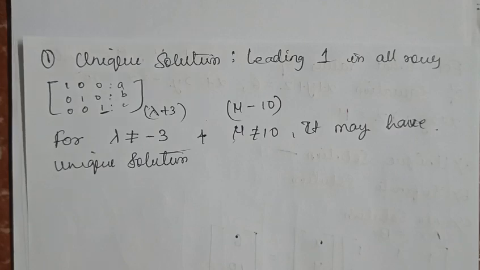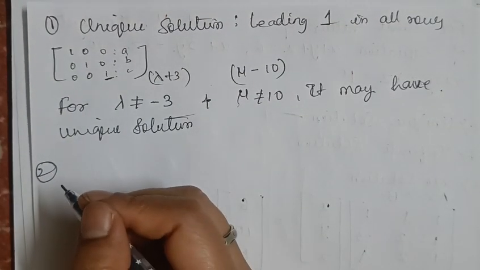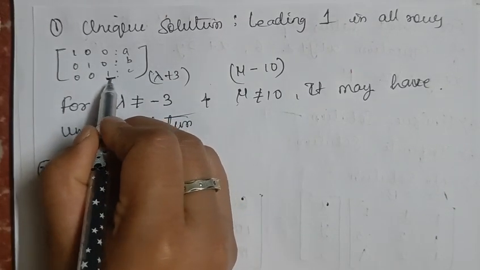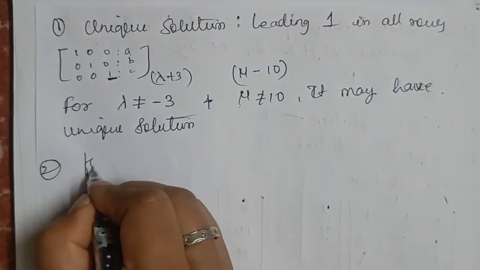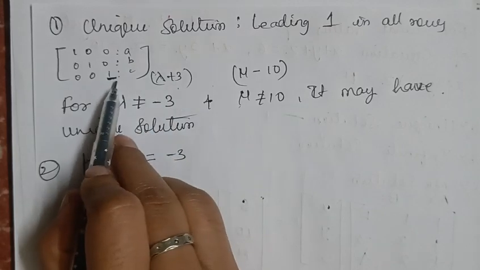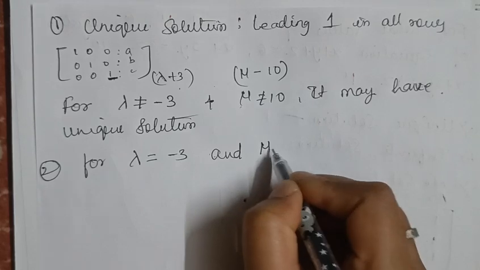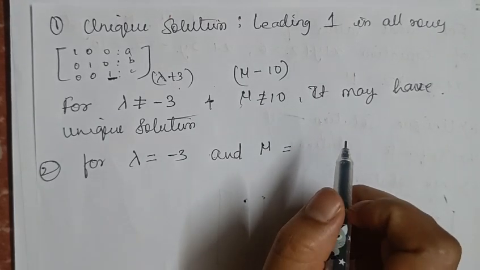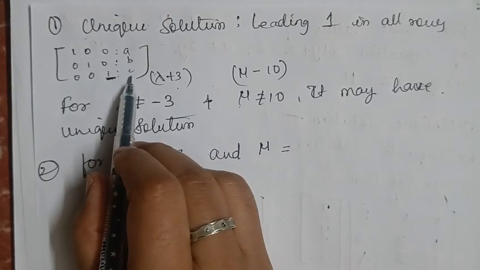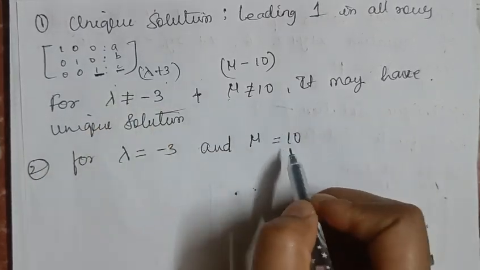Now let me see for infinite solution. For infinite solution, what should it be? This should be 0, this should be 0. So for lambda equals -3, 3 minus 3 will be 0, this will become 0, and mu equals 10, for infinite solution we should have 0 here. This also we should have 0, right?